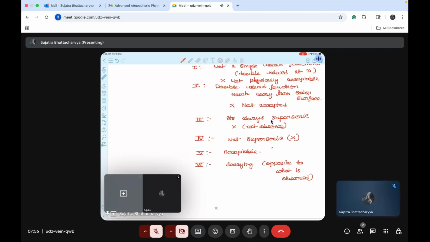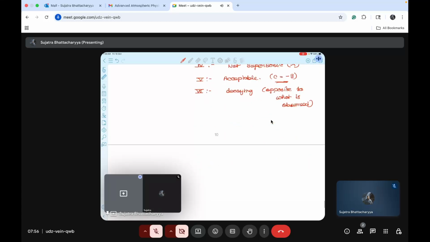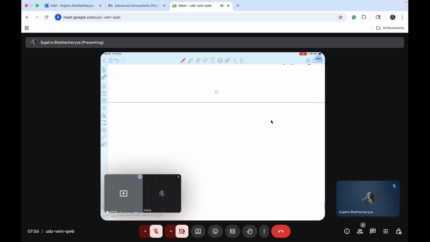It is acceptable only when C is actually equal to minus. So these are the explanations of this particular plot. You can see that for Parker's theory of solar wind acceleration, one of the solutions is perfect.